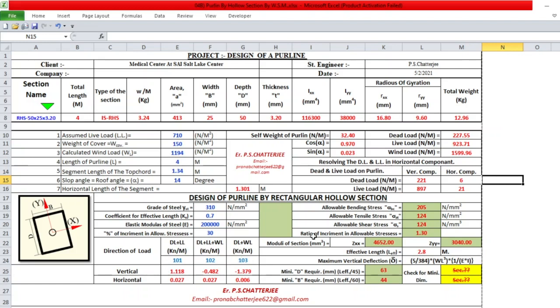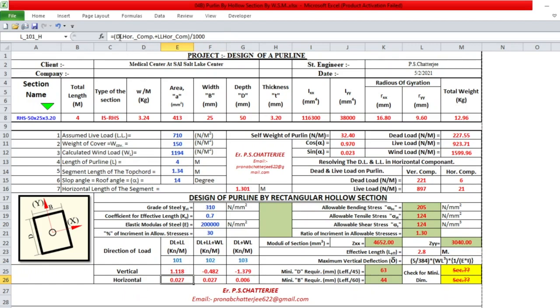Now dead load and live load have two parts, that is vertical direction and horizontal direction. So all the load will be in vertical and horizontal direction. This is the vertical dead load plus live load in vertical direction, equal to dead load vertical component plus live load vertical component divided by 1000.